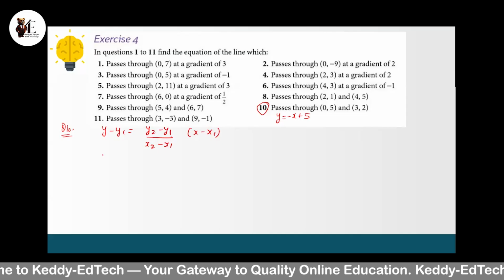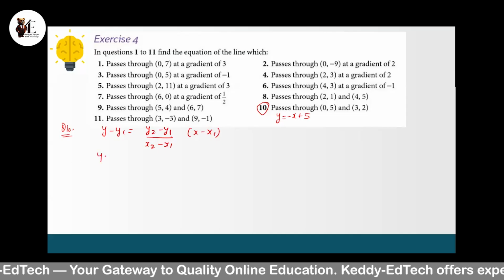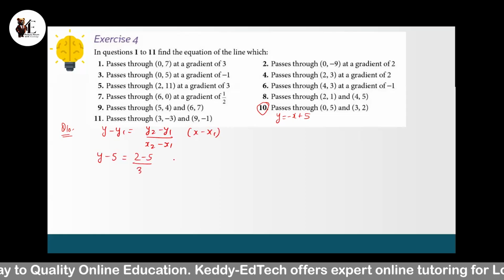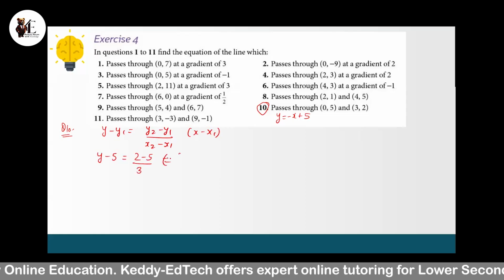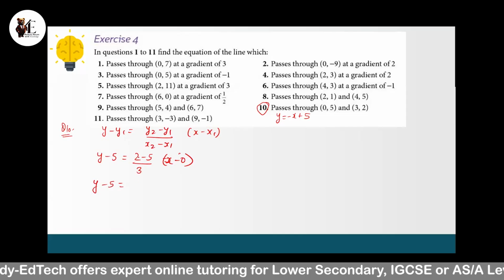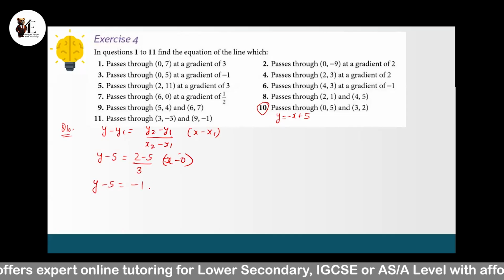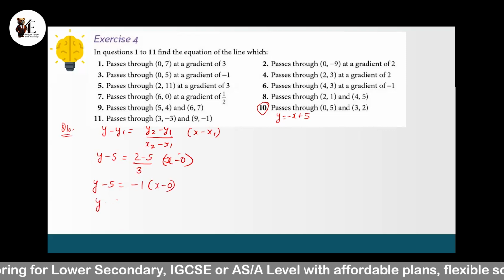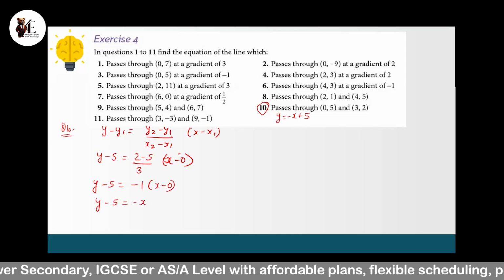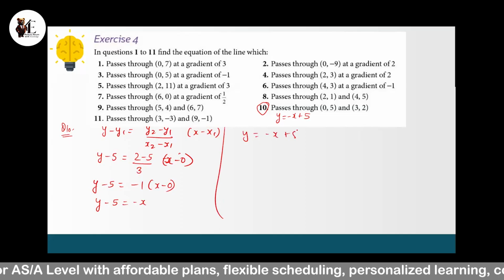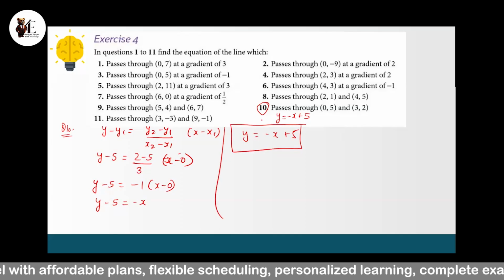So now y1 is positive 5, y2 is 2, x2 is 3, and x1 is 0. So that will be minus 3 over 3, negative 1, x minus 0, or I can write this as minus x, or y is equals to minus x plus 5. Yeah, that's correct.